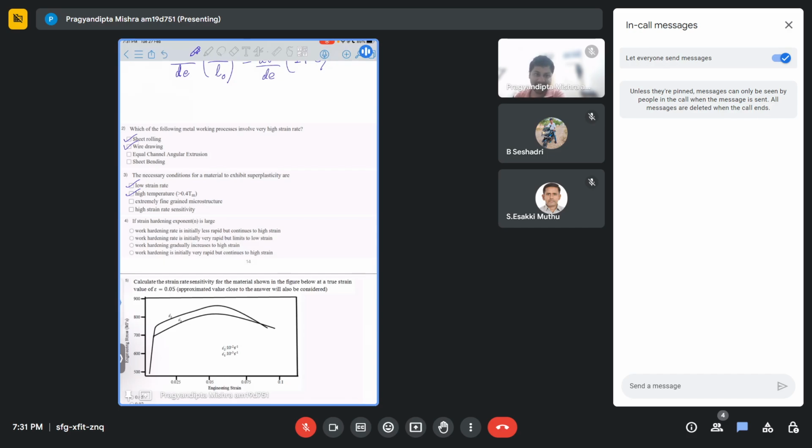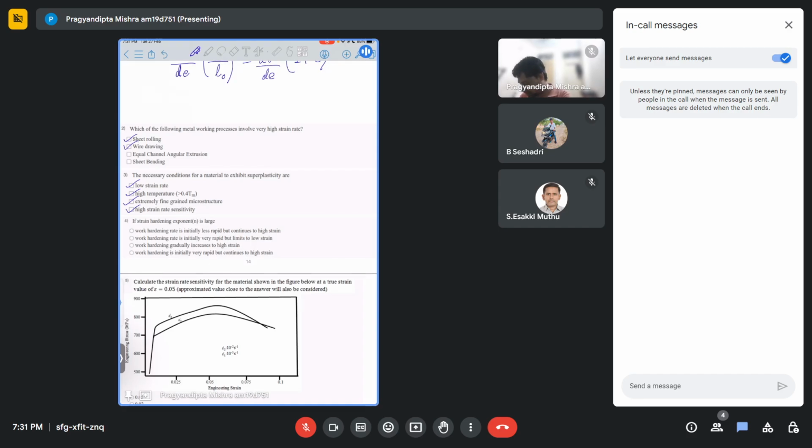If you have very big grains, then the grains will start splitting at some point. If you have fine grains, then they will actually accommodate this plasticity within the regions. So you need extremely fine grained microstructure. And you also need high strain rate sensitivity, high value of m. We have already discussed that. So all four of the options are required.